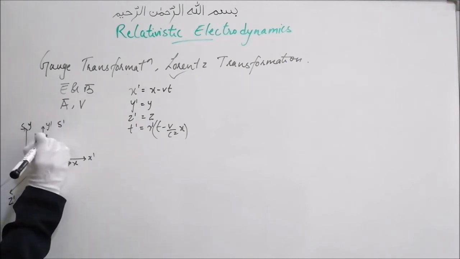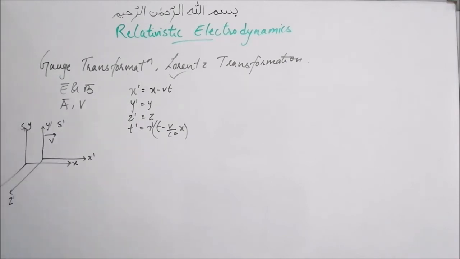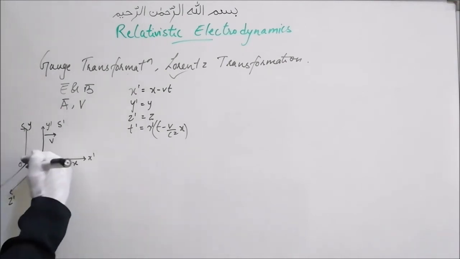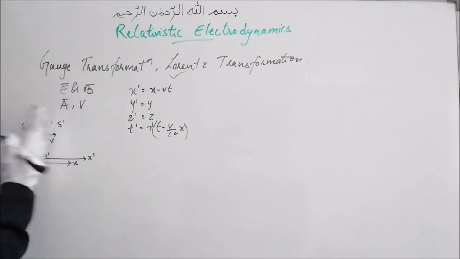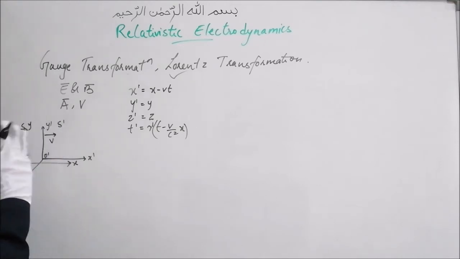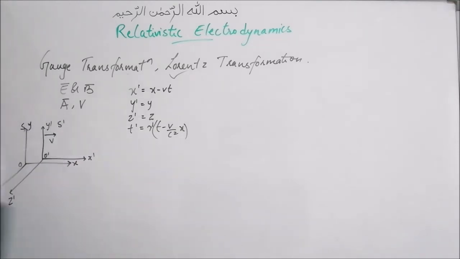This frame S' is moving with constant velocity v. At time t equals 0, both the origins O and O' coincide; the x and x' axes coincide, the y and y' axes coincide, and the z and z' axes coincide. As time increases, this S' frame is going to move to the right with constant velocity v.